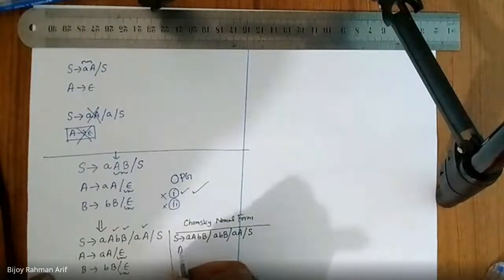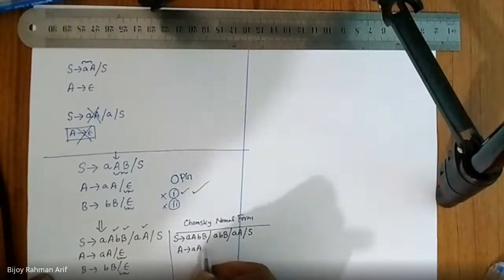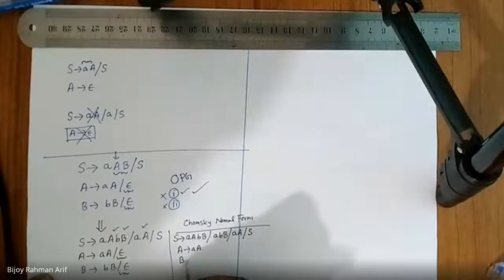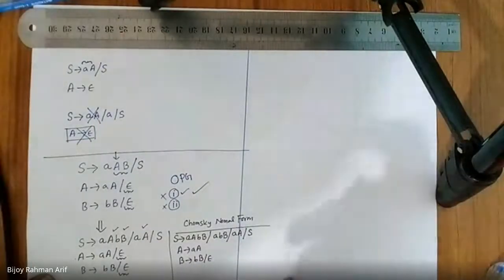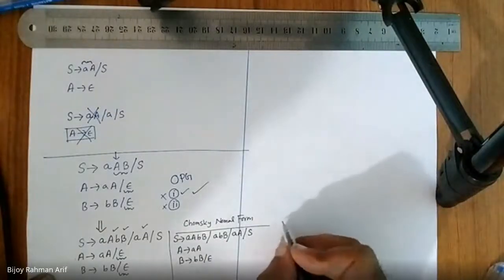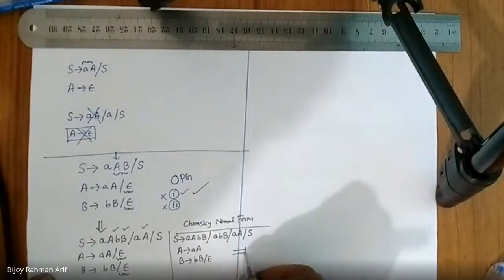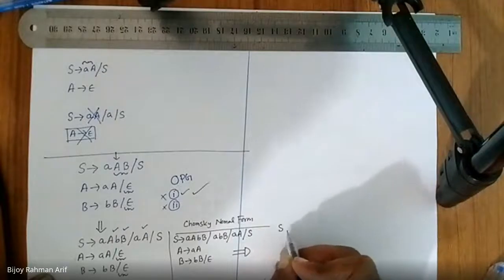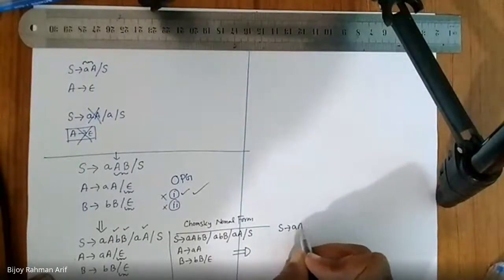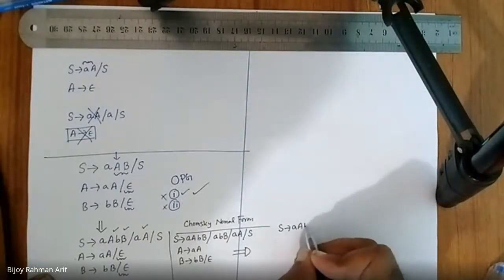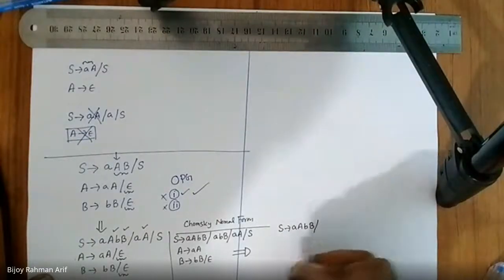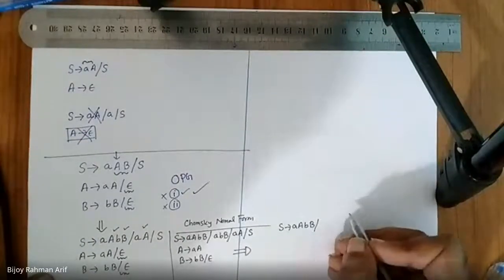Now A derives, we can discard this epsilon. Now B also has BB or epsilon. We again apply Chomsky normal form. If we apply this rule again, then what do we get? S derives AA, BB, then we write without putting epsilon.